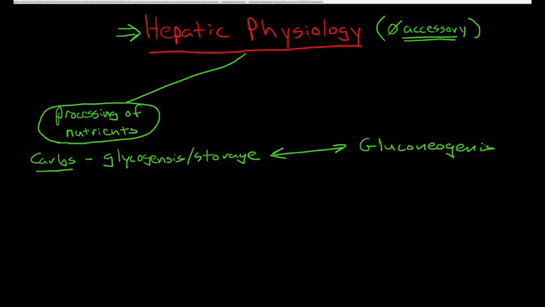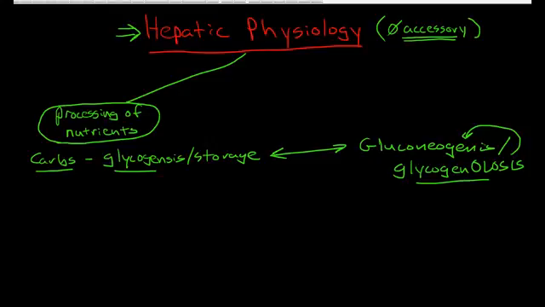And this is also connected with glycogenolysis, right? Glycogenesis is the creation of glycogen. Glycogenolysis is the breakdown of glycogen in order to make glucose.